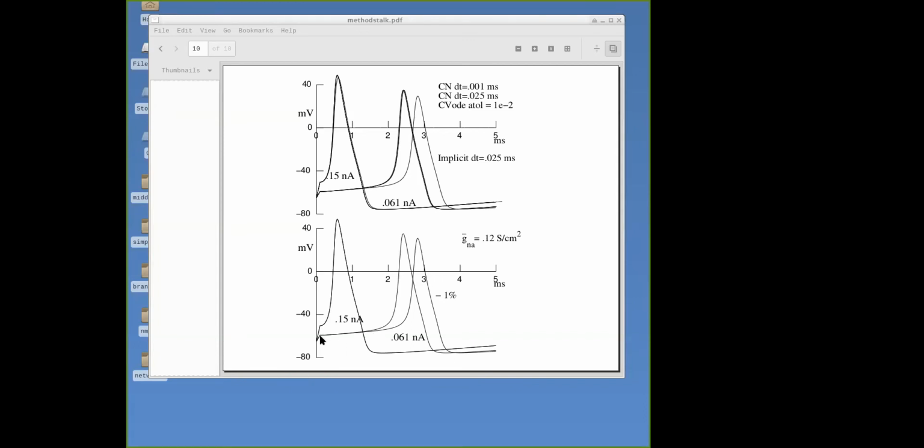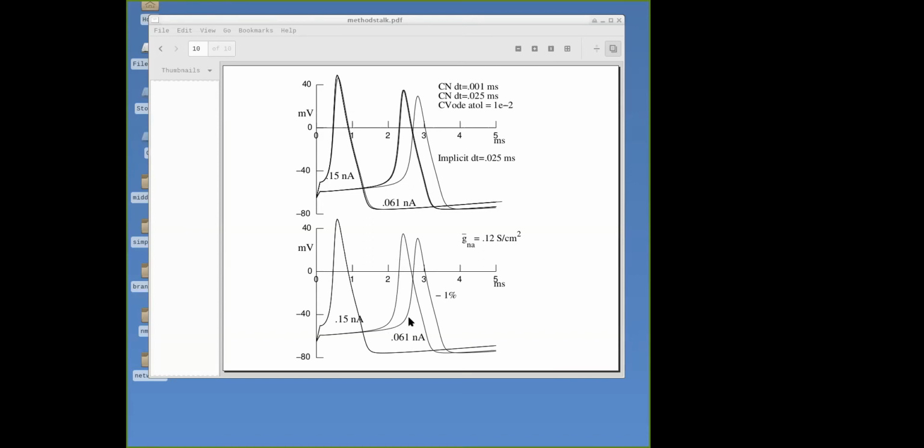We see that with the big stimulus, the solutions are practically identical, regardless of the fact that one of them is generated with a GNA bar that's 1% smaller. With a stimulus that's close to threshold, with the larger GNA bar we get a solution that produces a spike that's earlier.